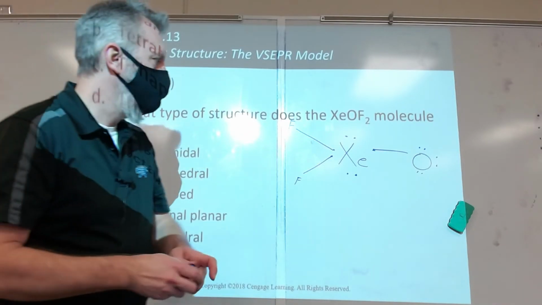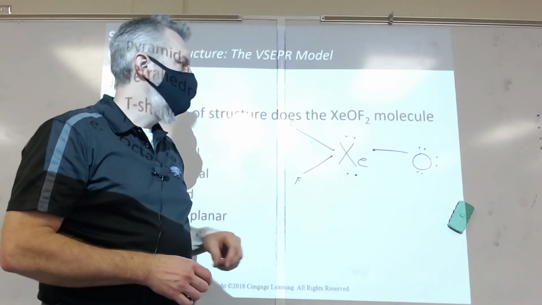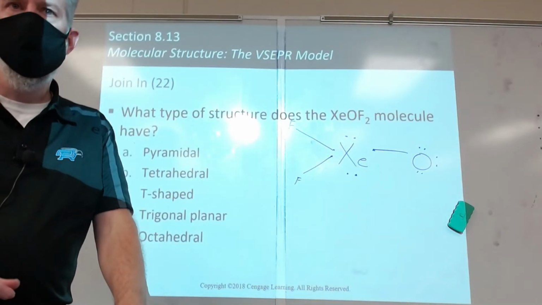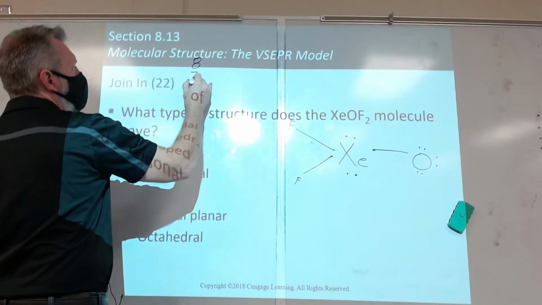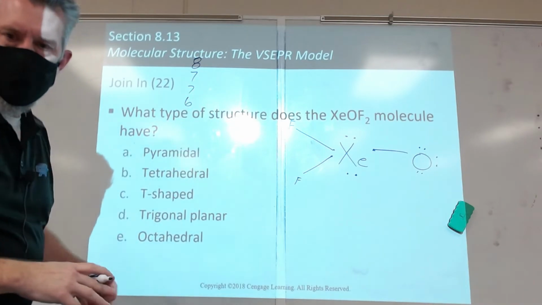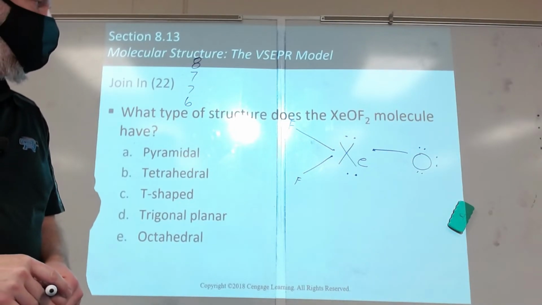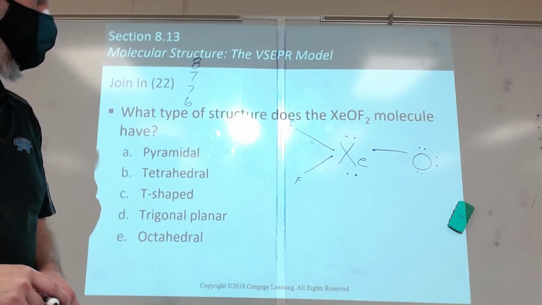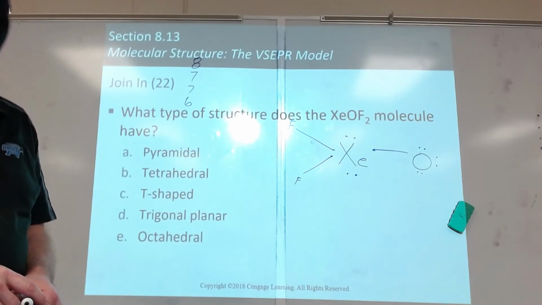Where's the other electron? They're all here. 1, 2, 3, 4, 5, 6, 7, 8, 9, 10. So let's count them all up. Xenon had 8, right? Fluorine 7, 7, and oxygen 6, right? But why couldn't it be double bond? Is there a reason for that? Because oxygen would have 8, we have too many. So 28 total, right?